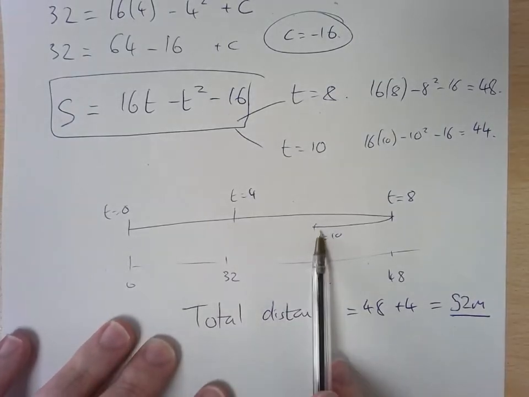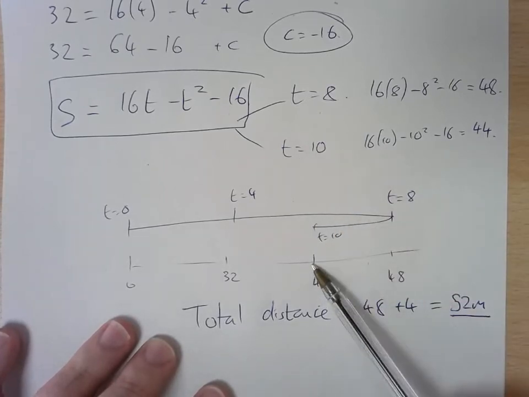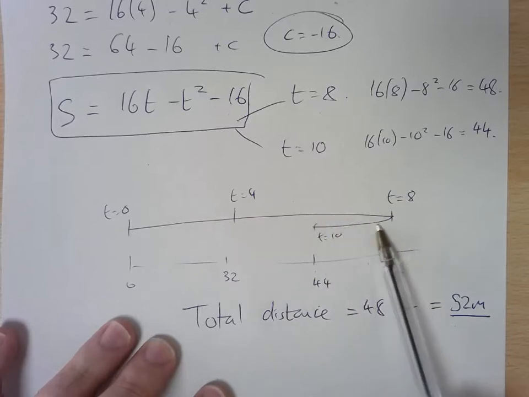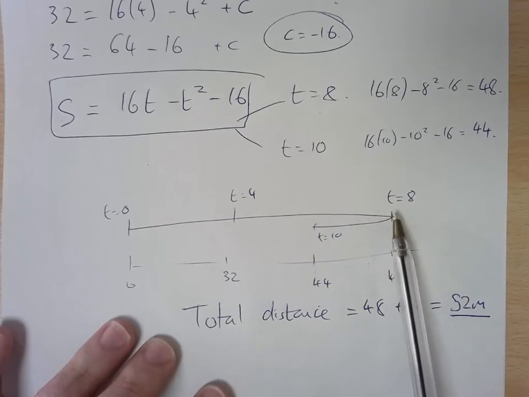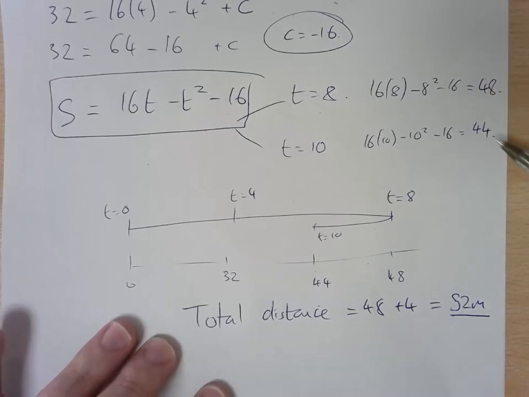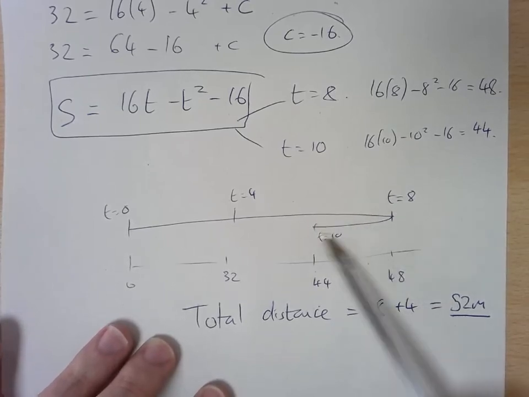If you just sub in the 10 for the end of the journey, you will end up with 44, because it won't count this extra bit of journey that we actually took. Because you've got to remember that integration will count this as positive and this as negative. Because if you put this in as your final and this in as your initial, you'll end up with minus 4 metres. So integration will count it as minus 4, but because we're finding distance, we have to count it as positive, and we end up with our answer of 52.